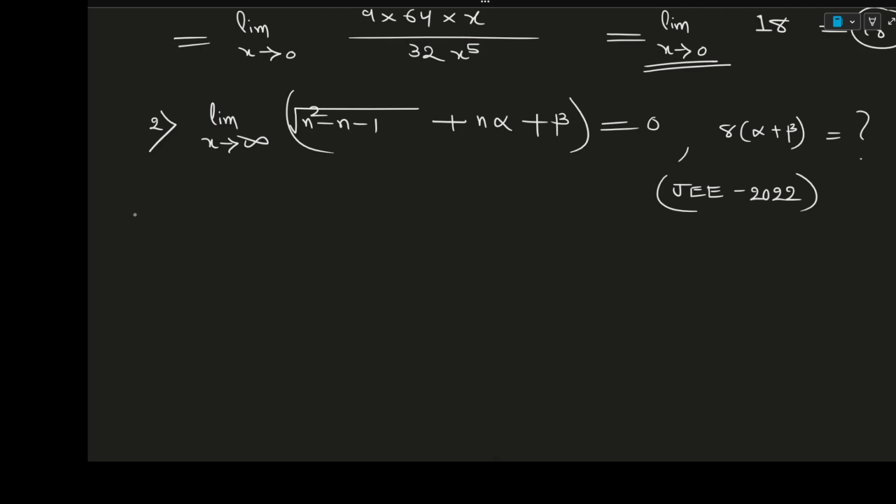Then we will first multiply and divide with the negative sign. We'll take the negative of this expression and multiply and divide with this expression, then it will be.